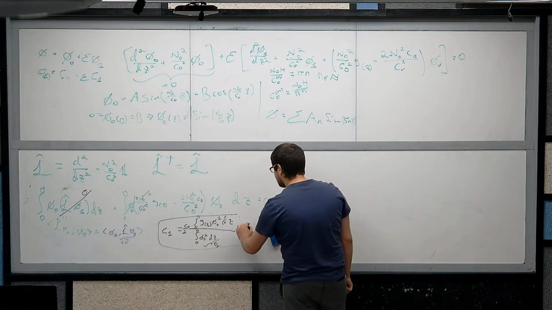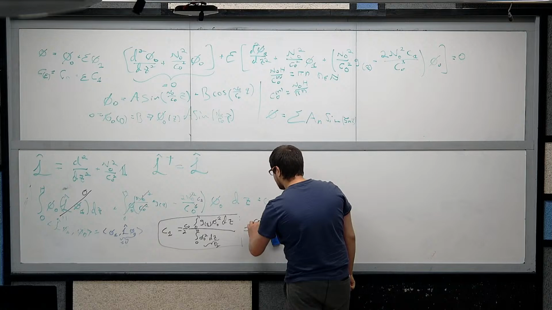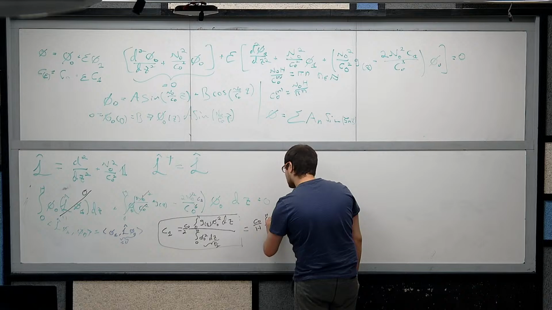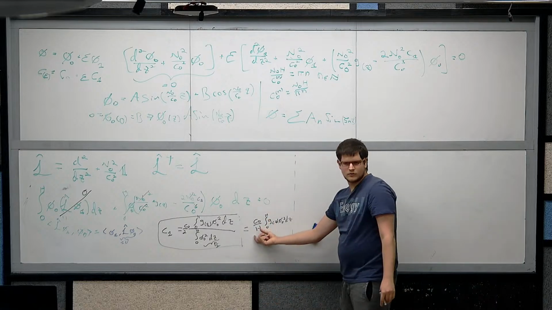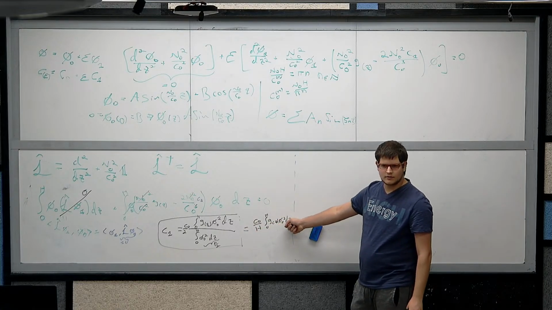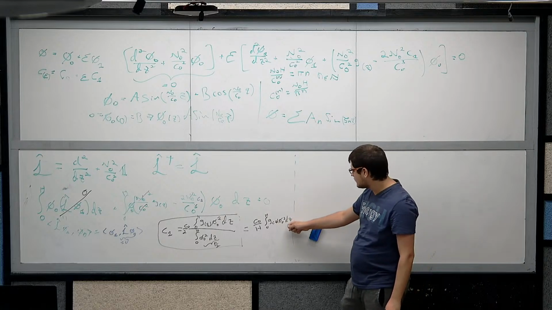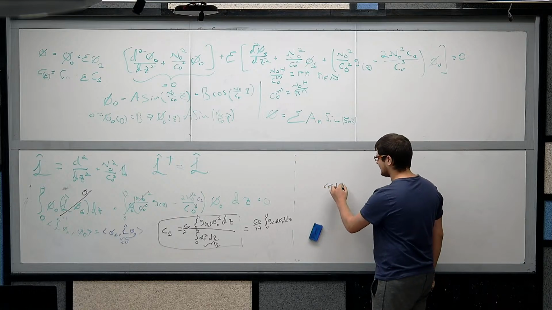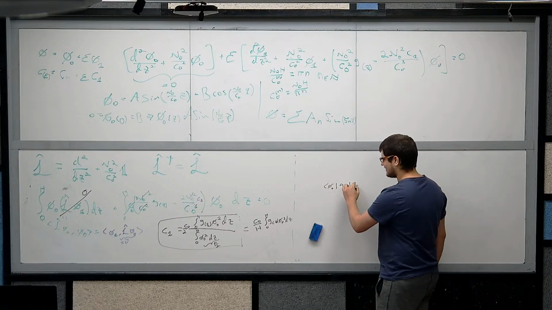So what you get is C0 divided by h times the integral from 0 to h of g(z) phi0 squared dz. Actually, if you move the 1 over h to here, it's like the inner product. It's like taking some mode phi0, g, phi0. Yes, that's right.